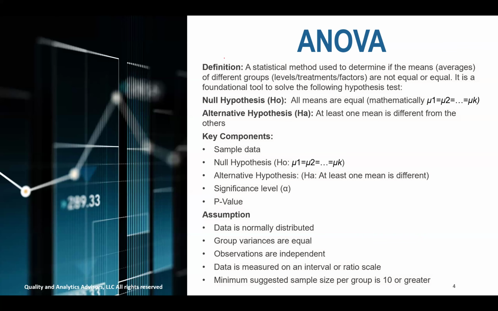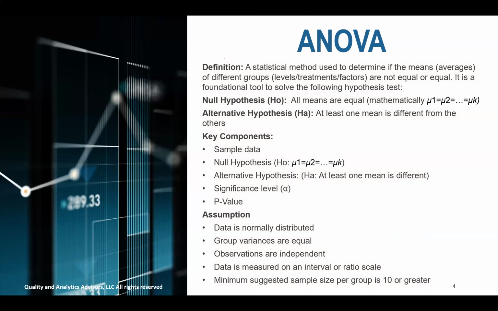There are some key assumptions that we're going to make when it comes to ANOVA. The first is that the data is normally distributed. This means that the data follows a symmetrical distribution known as the normal distribution. The other assumption is that the variances for each of the treatments or each of the groups are equal.